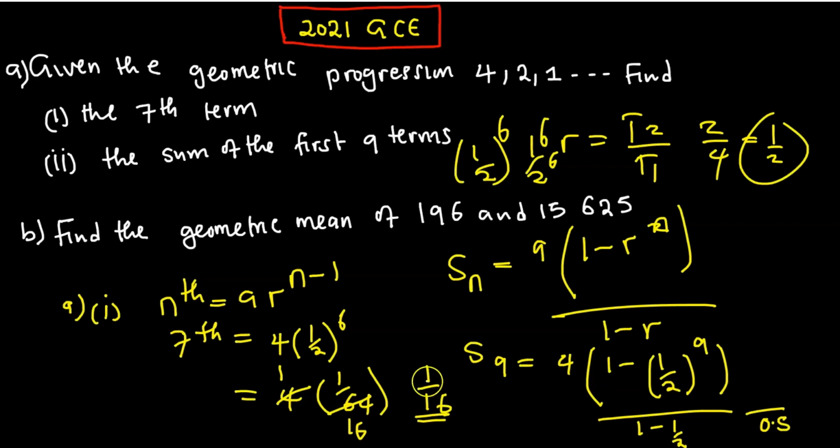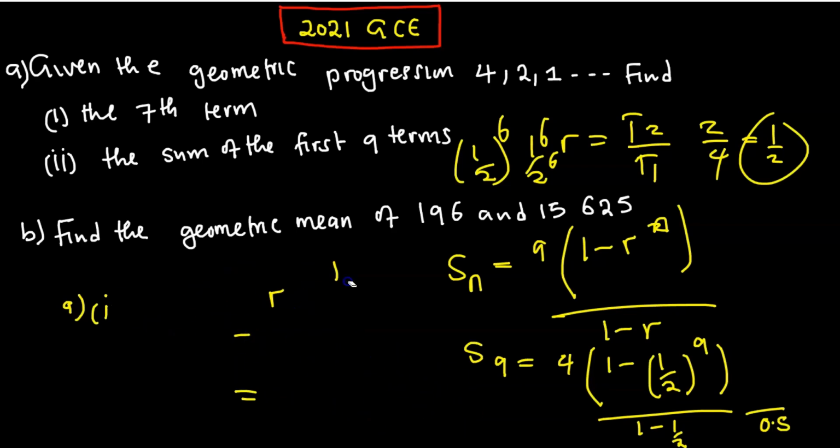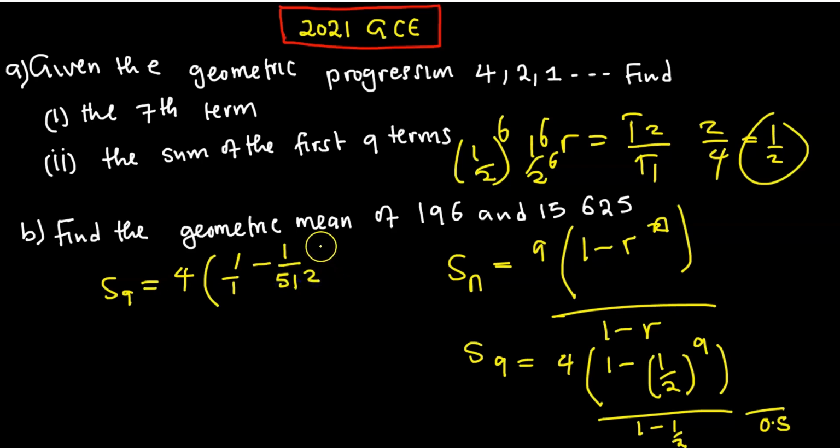Okay, so let me clean this part. The sum of the 9th term is equal to 4 times 1 minus 1 over 512, divided by 0.5.